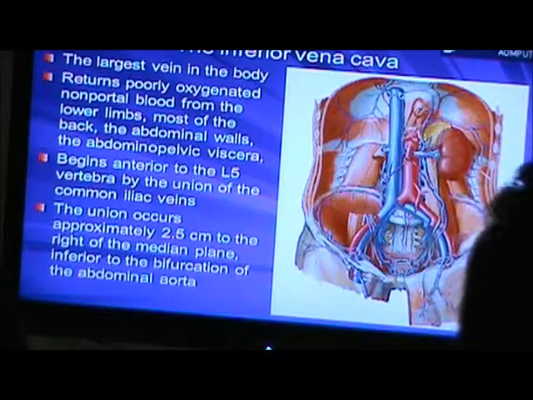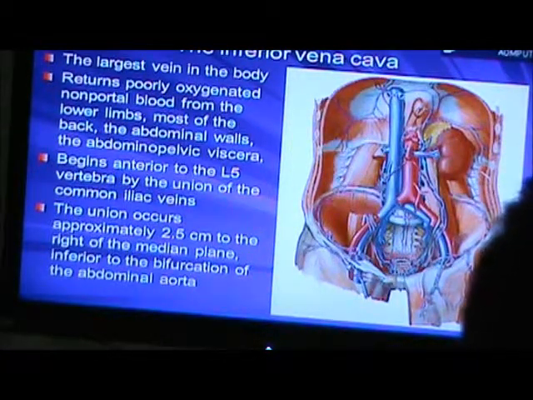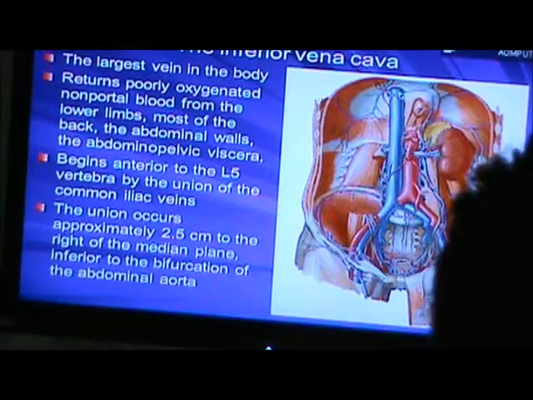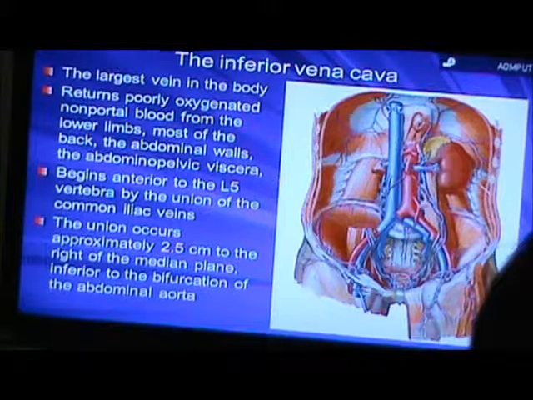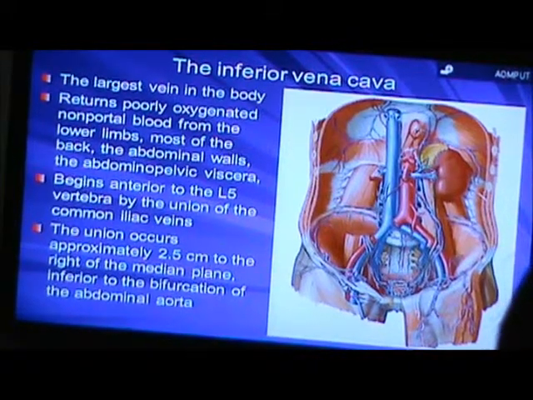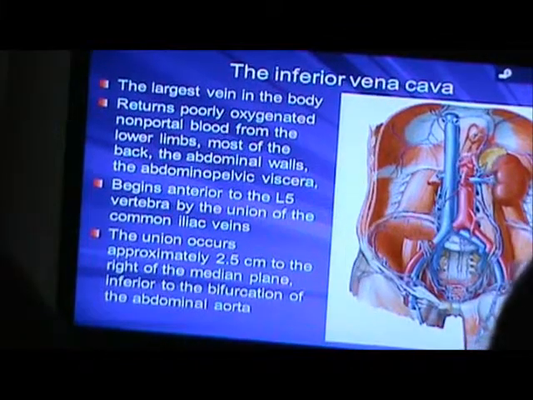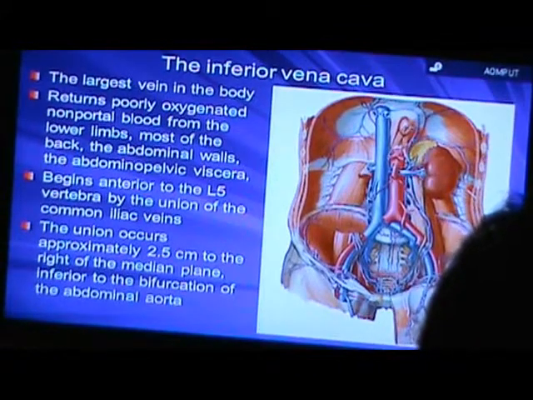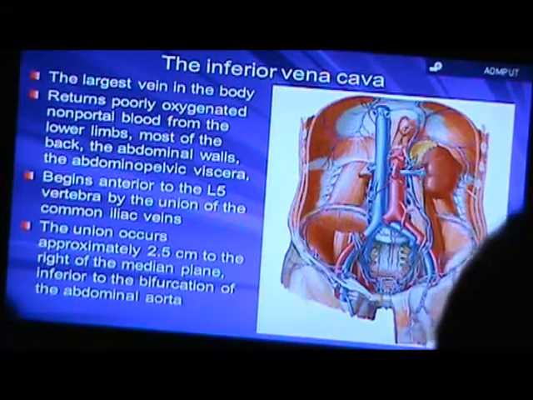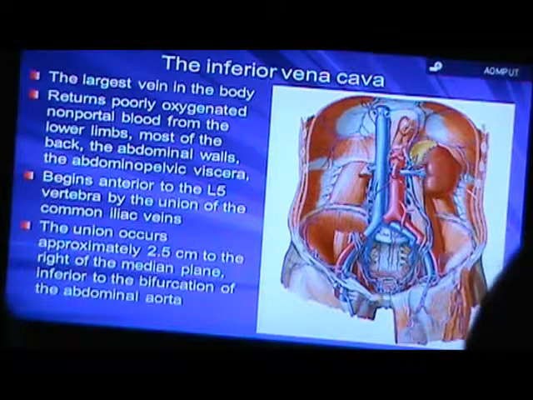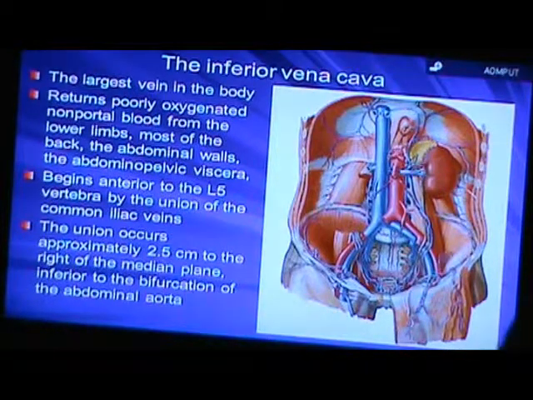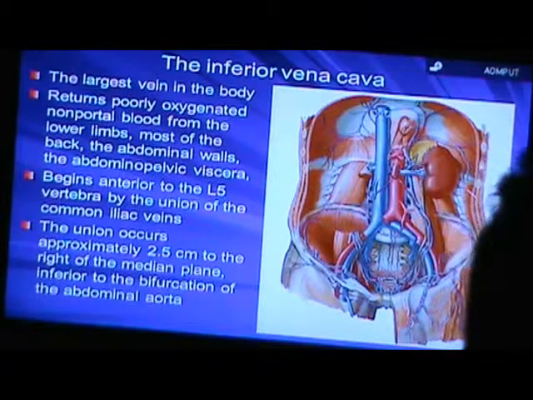It depends on the book and, of course, on the body of the person. So more or less L3, L4. Here is the bifurcation of the abdominal aorta, and look that the abdominal aorta is slightly to the left, while the inferior vena cava is present on the right side.